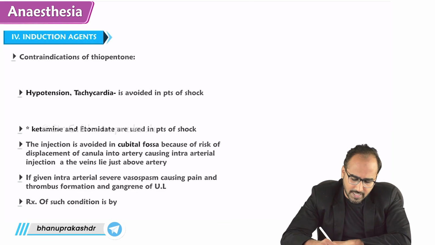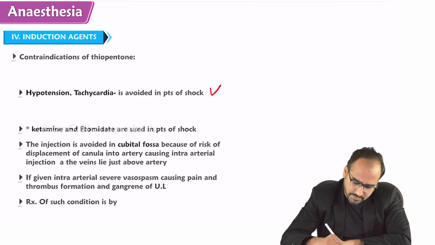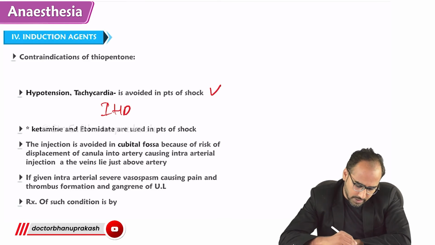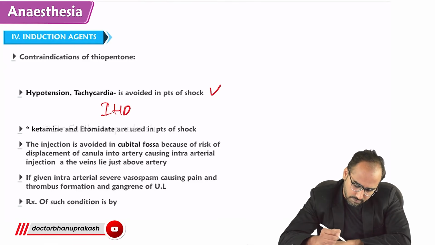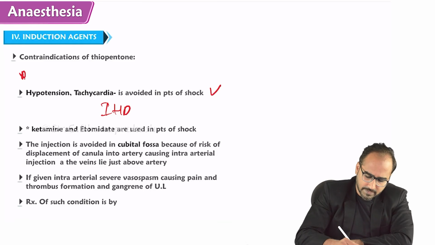It is contraindicated in shock, right? Apart from that, it is contraindicated in ischemic heart disease, right? Sodium thiopentone is also contraindicated in acute intermittent porphyria.